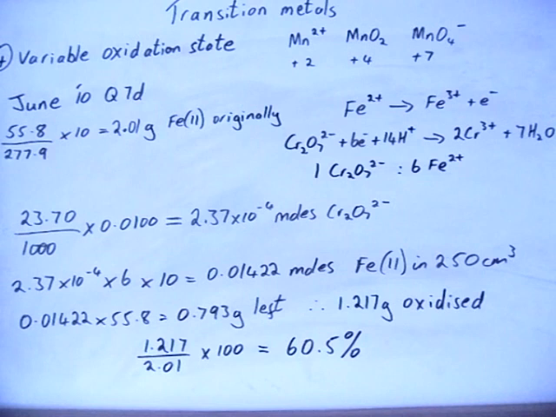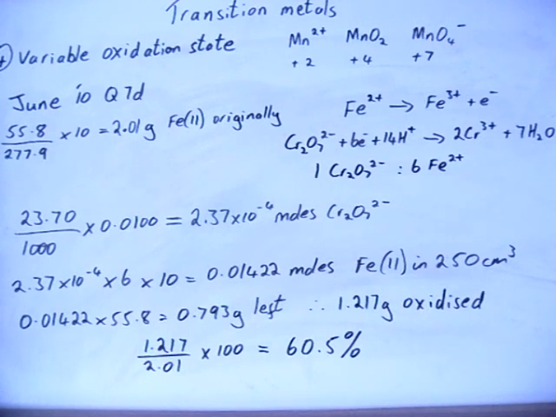So roughly a fifth of that overall compound is iron, so roughly a fifth of the mass will be the iron 2+. So what I've done there is effectively the Mr of the iron divided by the Mr of the complex, and then times by 10, since I was told the overall mass was 10 grams initially. So that comes out as roughly 2.01 grams of iron 2 originally present in the sample.